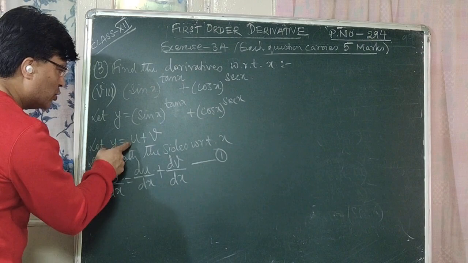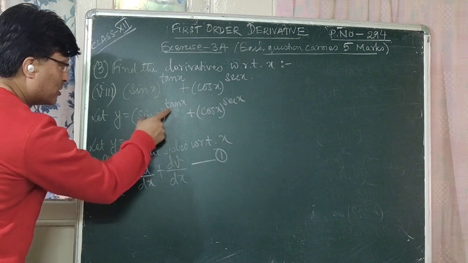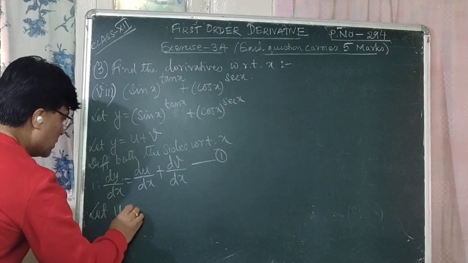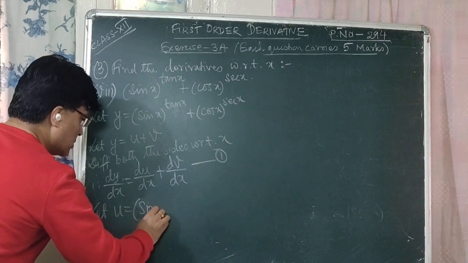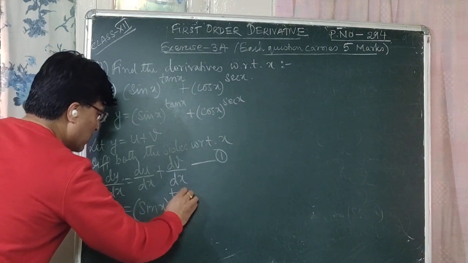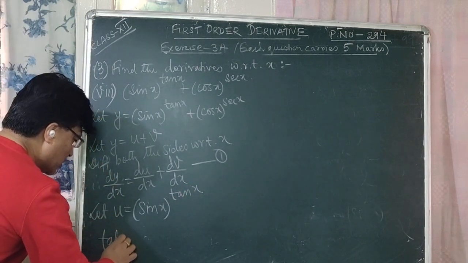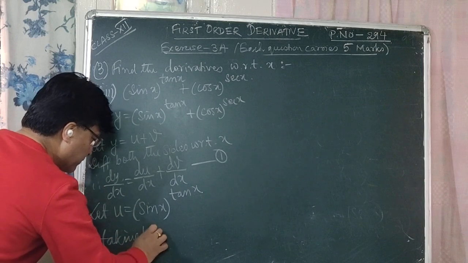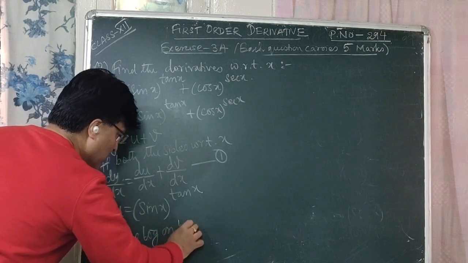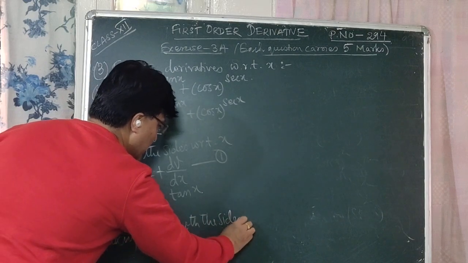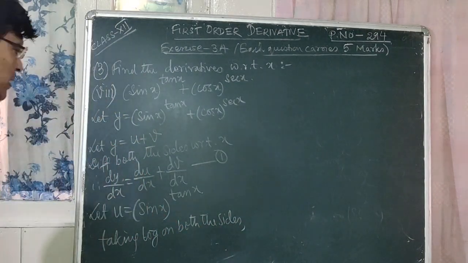Now we had assumed sin x whole to the power tan x as u. So let u is equal to sin x whole to the power tan x. Now you have to take log on both the sides. Taking log on both the sides, what do we get?